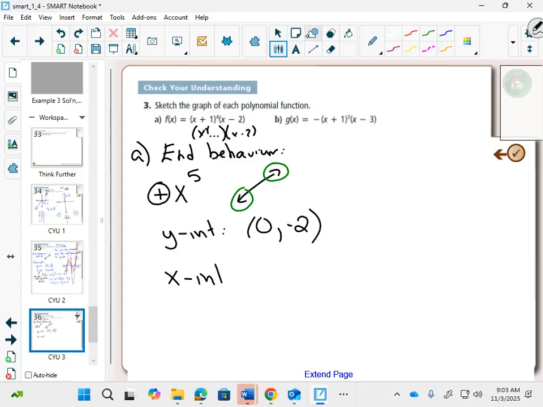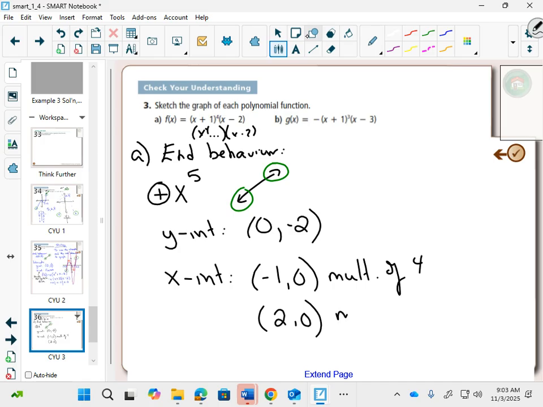But because it's factored, our x-intercepts are easy. We're going to have an x-intercept at negative 1, and we're going to have an x-intercept at 2. One of them has a multiplicity of 4, the other one has a multiplicity of 1.